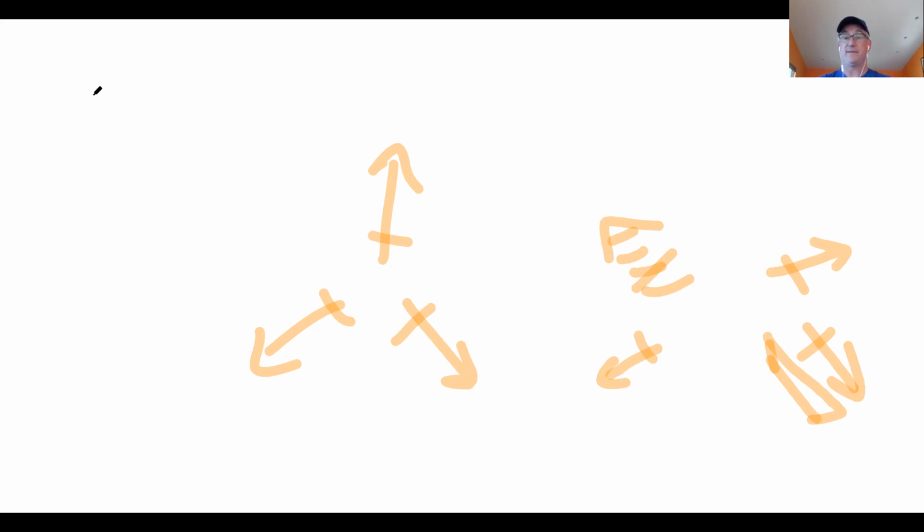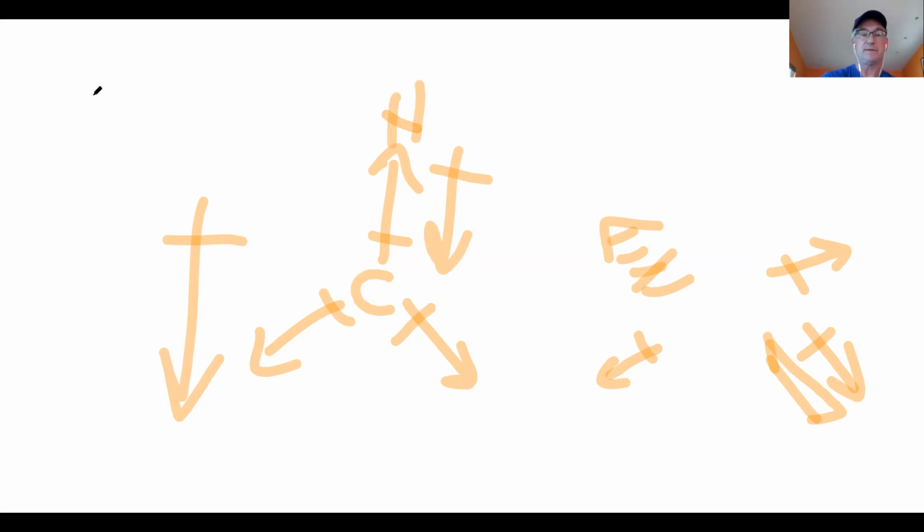Now, the minute one of these changes, let's say this dipole changes from pointing out to pointing back in, that's no longer symmetrical. And now you have a net dipole pointing down. And so that will be a polar molecule. All you need to do is substitute the atom. So this is carbon.